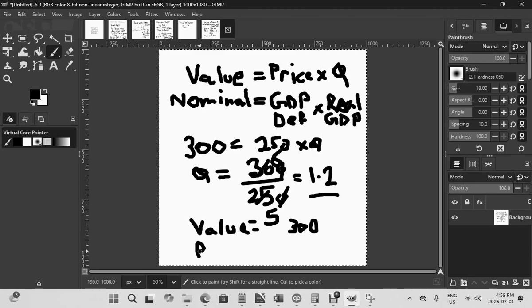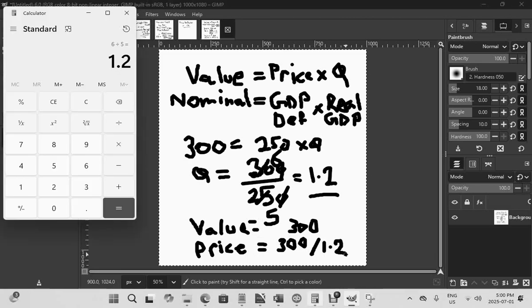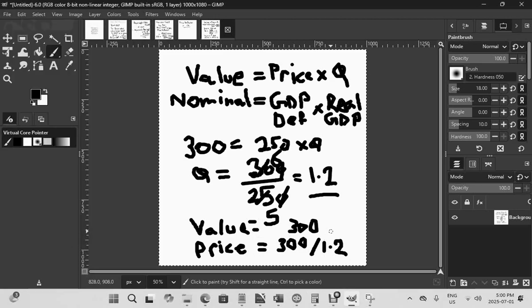So price will be value over quantity. So we know that the value is 300 and the quantity is 1.2. 300 divided by 1.2, that's roughly 250. So this is how you double check.